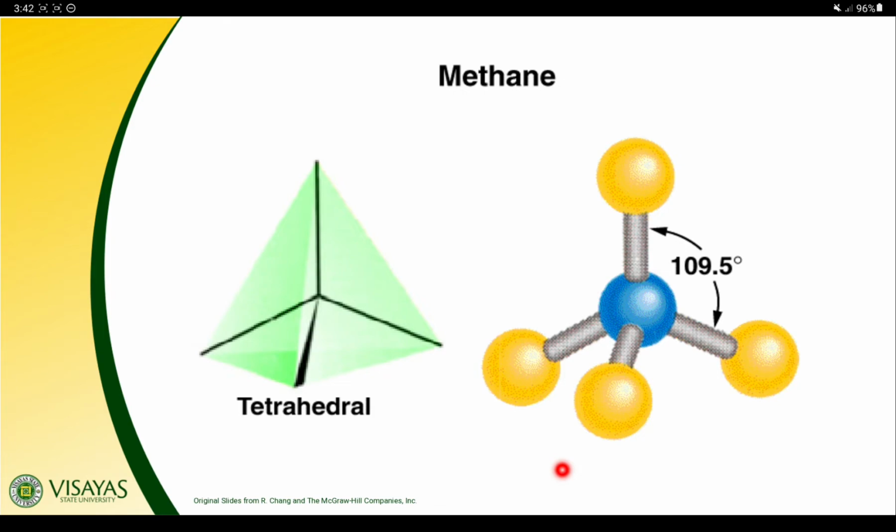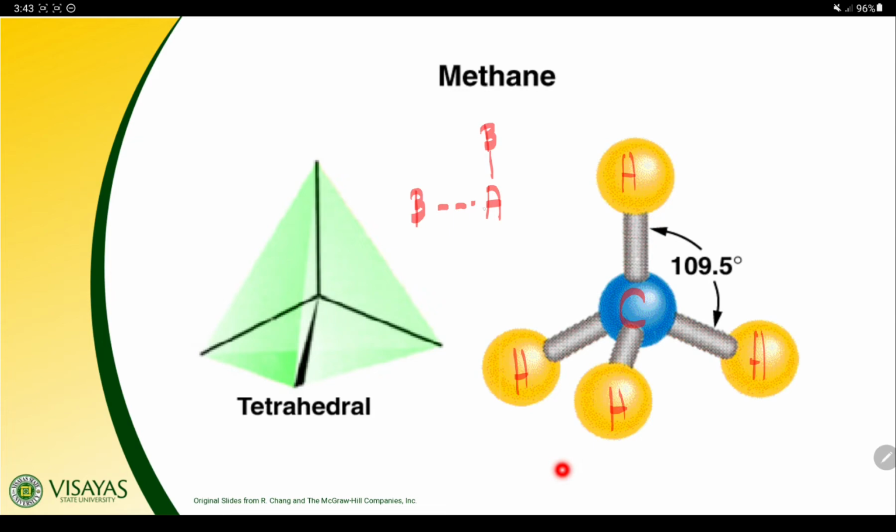a tetrahedral molecule? An example of tetrahedral, by the way, is methane. We have our carbon in the center, and we have our four hydrogen atoms. To draw a tetrahedral molecule, we have our central atom, then we have one atom at the top. We use this broken line or dashed line for atoms projected at the back.